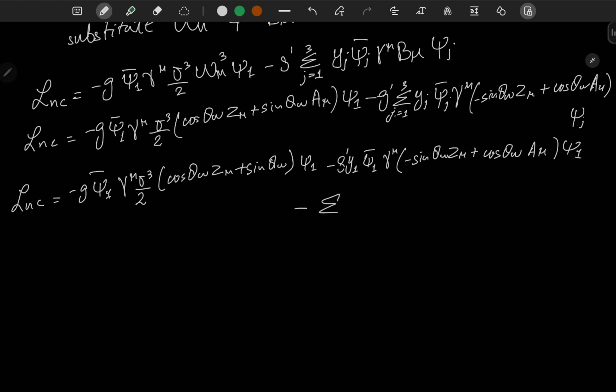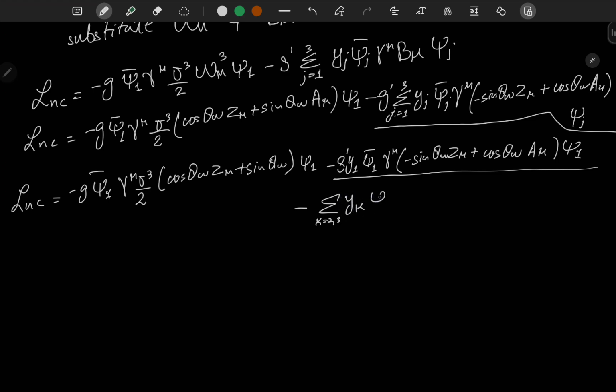So what I did, I took the psi 1 term from here and wrote it explicitly here, and now I'm going to write the second and third component here separately.